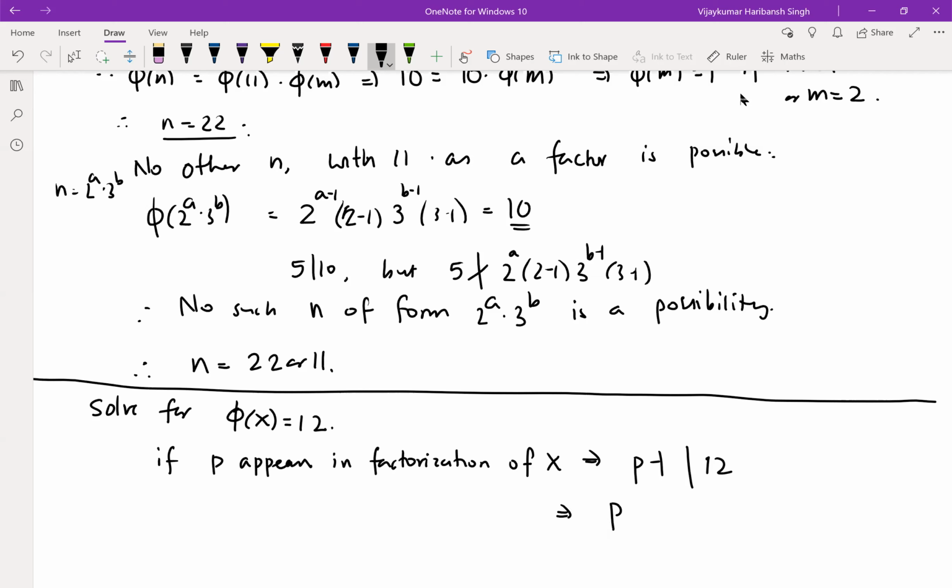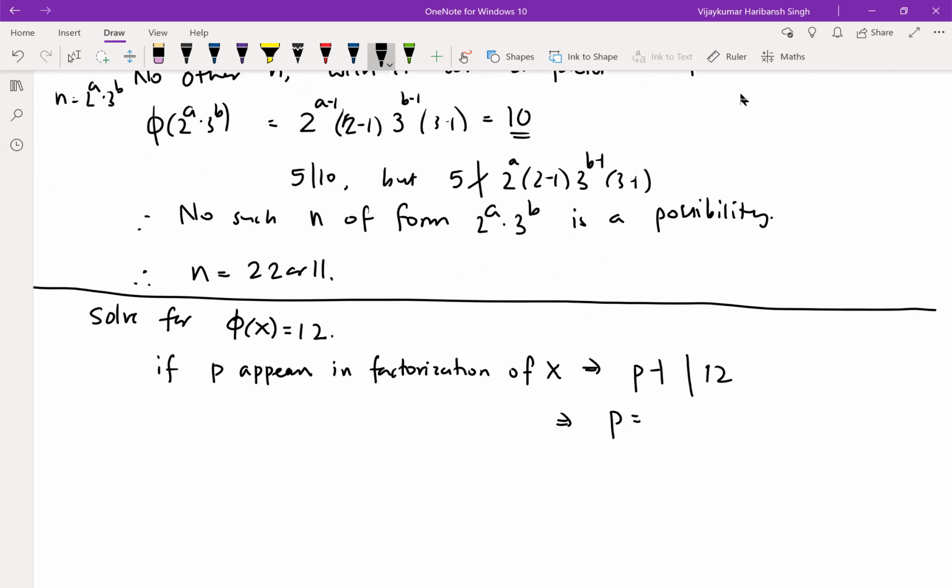Let me write down all the factors here. The factors of 12 are 12 itself, 6, then 4, then 3, 2, and 1.